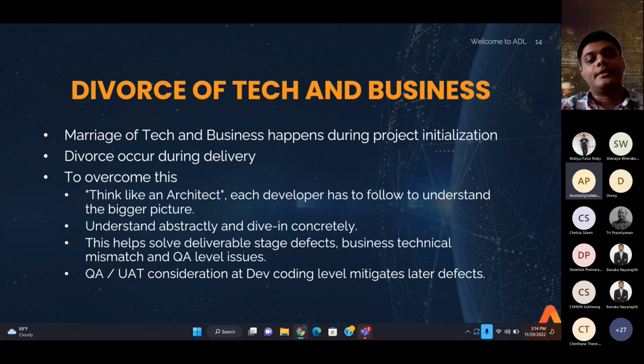Therefore, the engineers themselves understand what they are developing, and it will help remove defects during delivery at the QA level. So a better understanding of the business requirements is there at the engineer level.